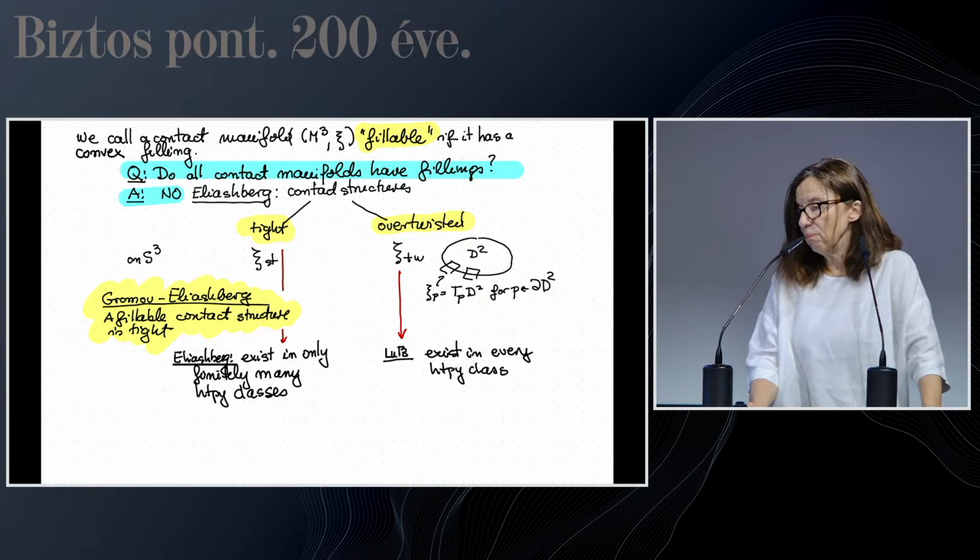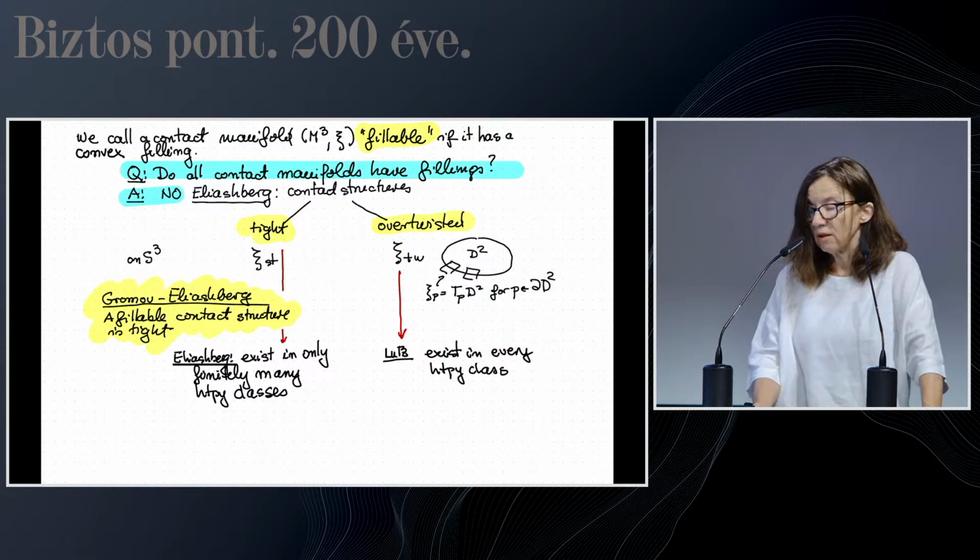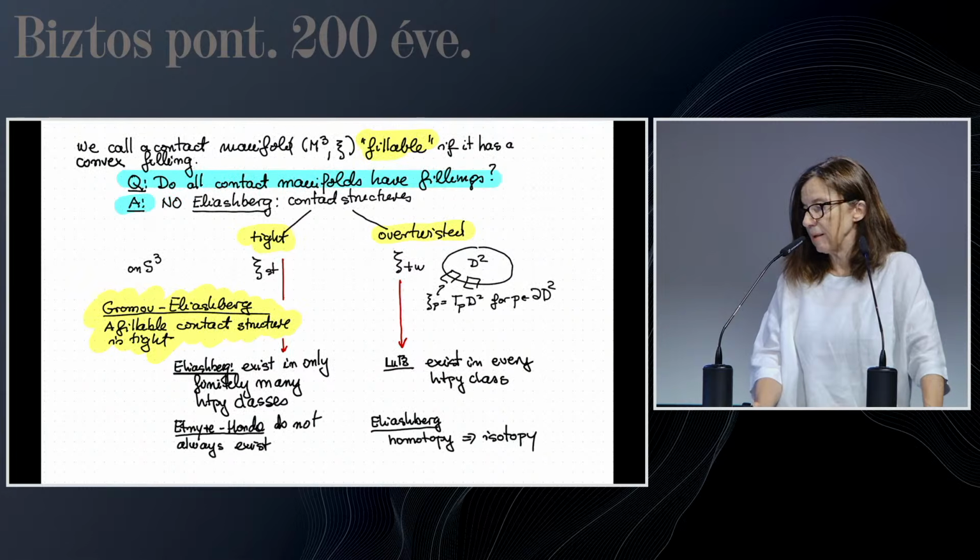There is more of a difference there. Eliashberg showed that tight contact structures exist in only finitely many homotopy classes, and by Lutz, these overtwisted structures exist in every homotopy class. Etnyre and Honda showed that tight contact structures don't always exist, so they constructed first examples, and there are more later.